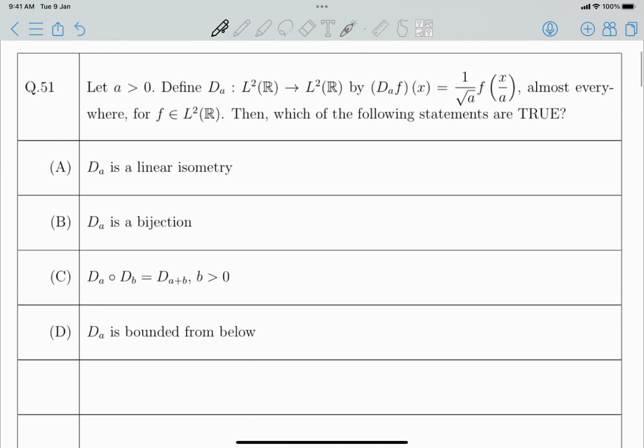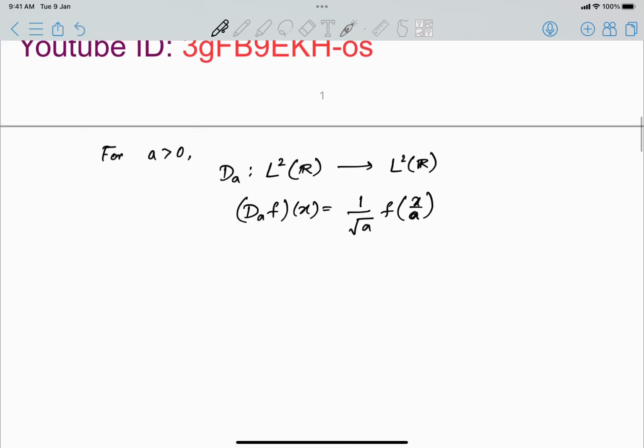So first we have to check whether dA is a linear isometry or not.